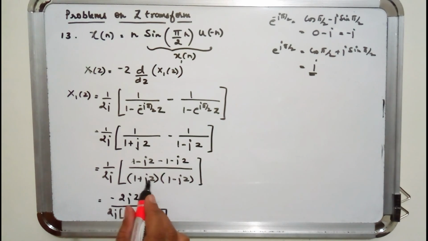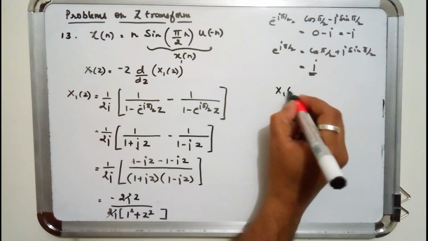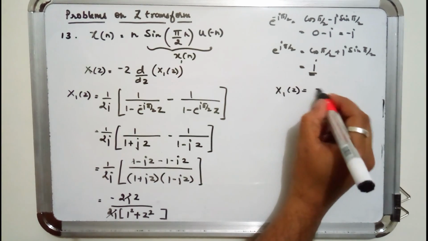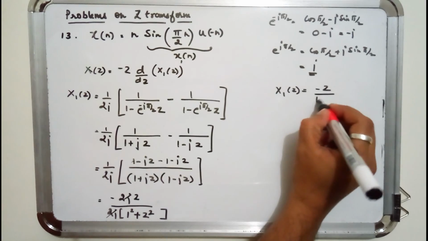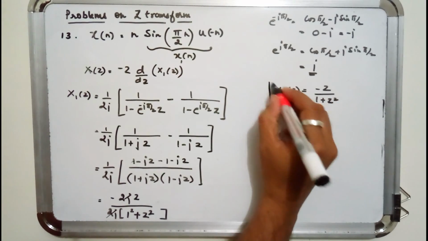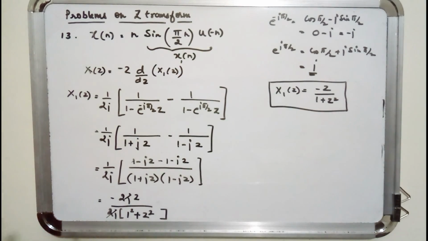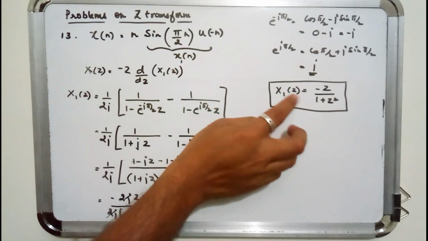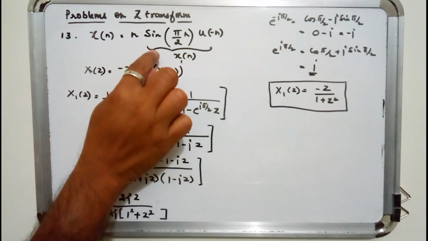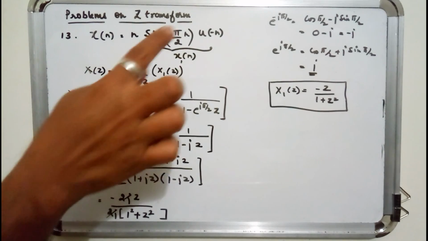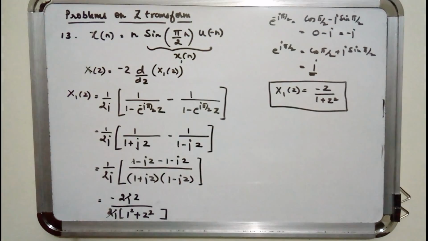B square is j square z square, and j square is again minus 1, so I will be getting plus. This 2j gets cancelled. So the value of x1 of z is minus z divided by 1 plus z square. That means this is the z transform of sin pi by 2 n u of minus n.